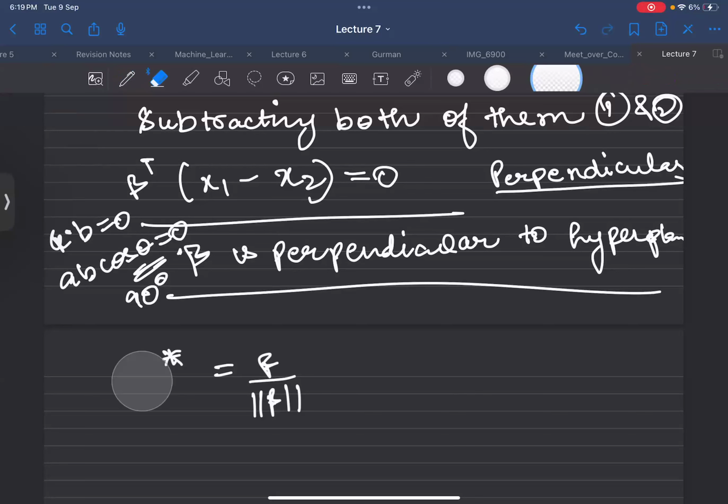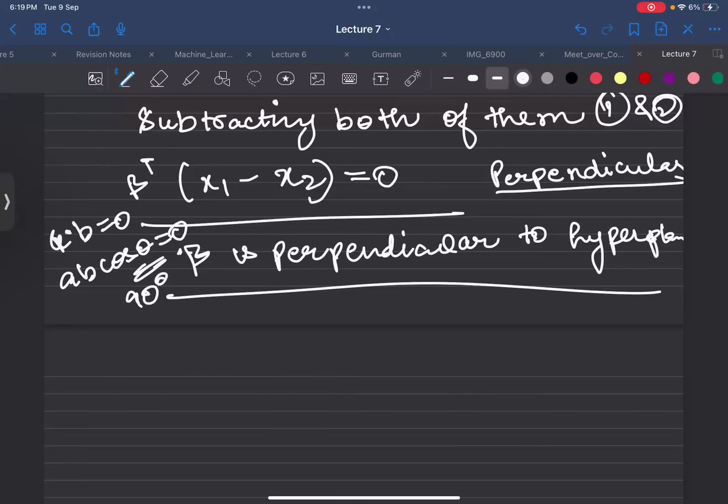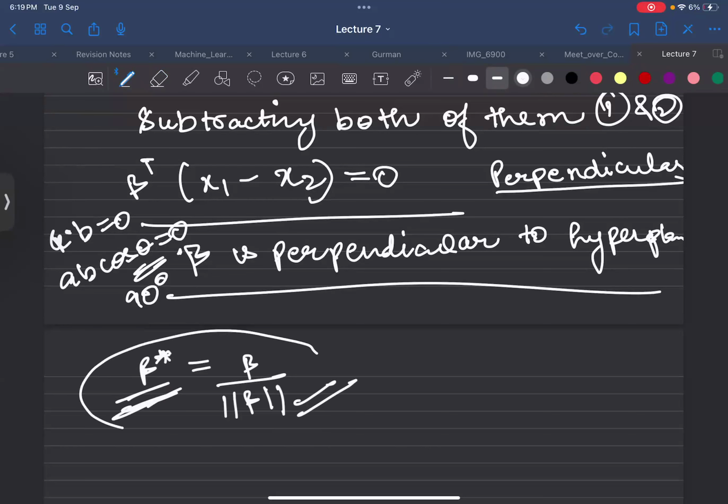Or leave it, not going into that complex. What I'm doing is just saying there is a variable called beta star. When I normalize it, dividing by the norm of beta, I get this beta star.